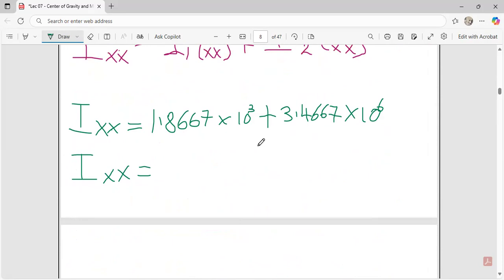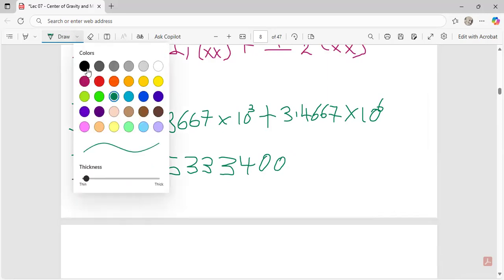It's 10 exponent 6, please. So at the end of the day, we are going to get 5,333,400.